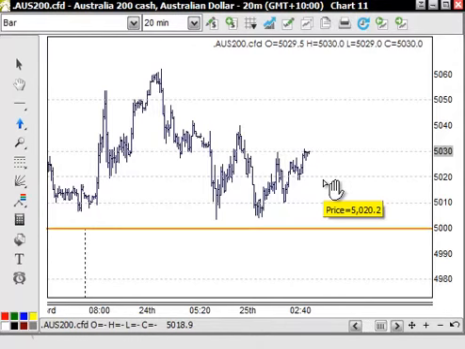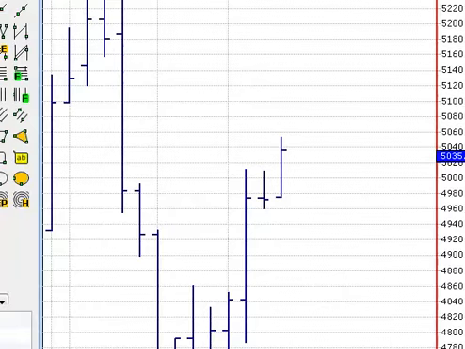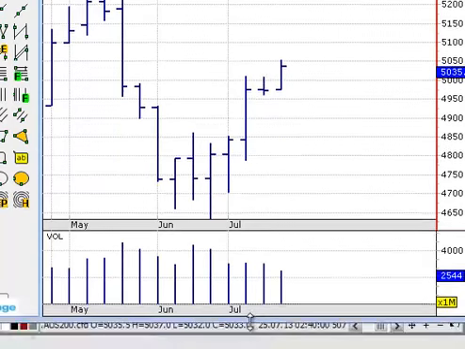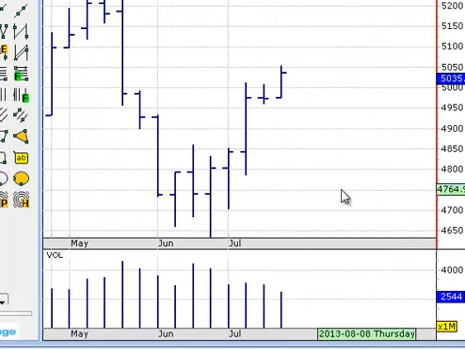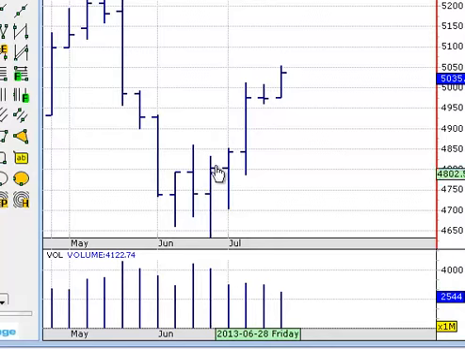But the other point too is that, as I mentioned yesterday, Thursday can be the bear day, which I guess it was, and it was on reasonably low volume. So let's just check that actually. This is a weekly chart here, and you can see that the volume here, we've had nice volume here.